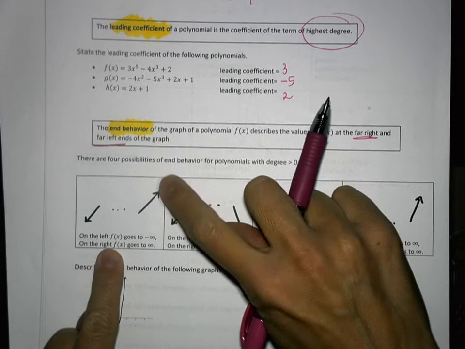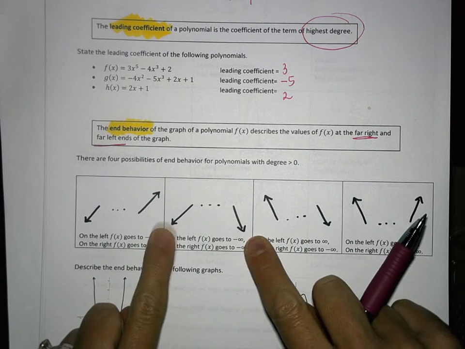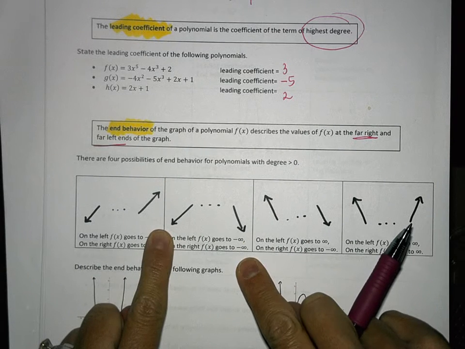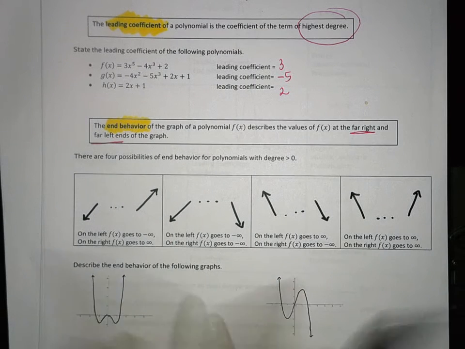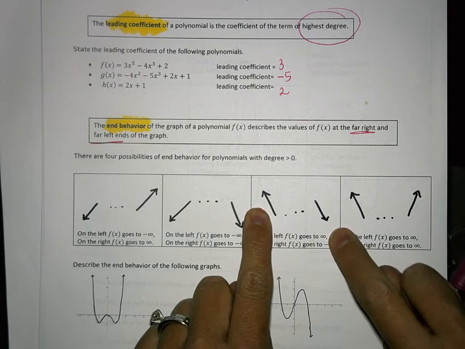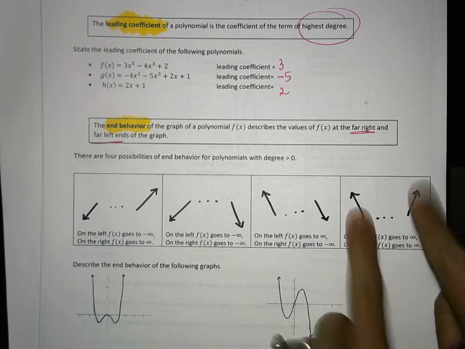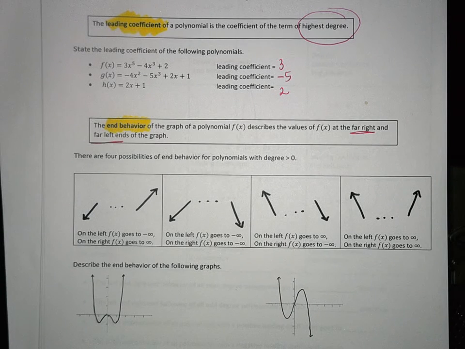On the right side of the graph, it's going to positive infinity. Here, both the left and the right are going to negative infinity. Here, the left is going to positive infinity, the right is negative infinity, and here both sides are going to positive infinity. So these are our options with our graphs.